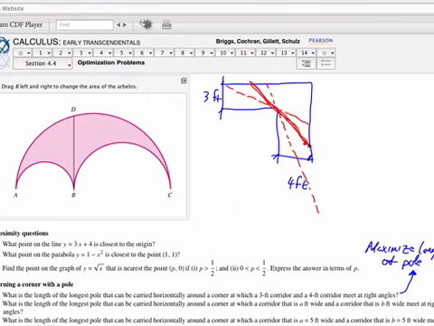See, we're not trying to maximize the length of the pole. We can have as long of a pole as we want. But there's some place as we're going around the corner where there is a minimum available distance that we can get that pole around. So we're really minimizing the allowable room or length.